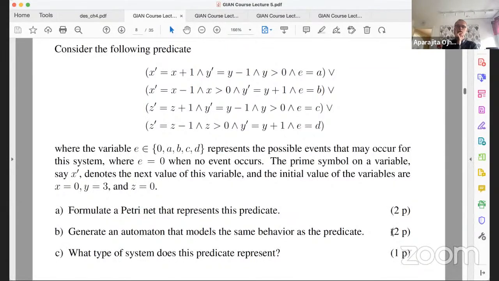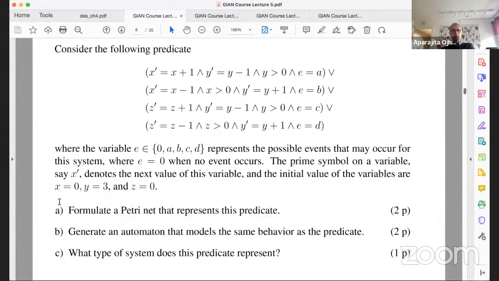Based on that, I try to explain where the variable E can take values 0, meaning nothing, or the events A, B, C, or D. That means that only one of either E is equal to 0, or A, or B, or C, or D. But it's equal to 0 when no event occurs.